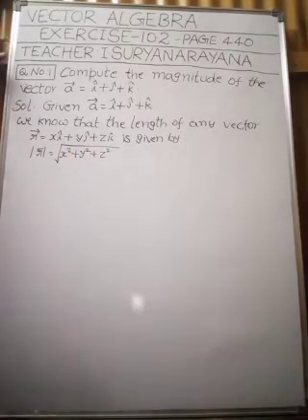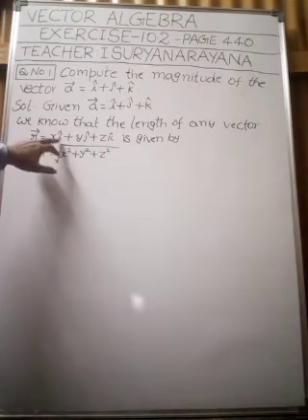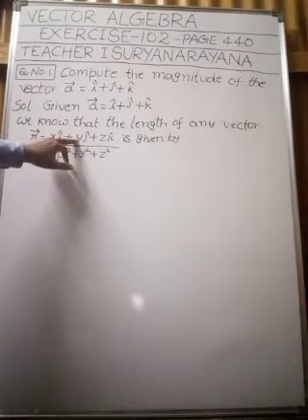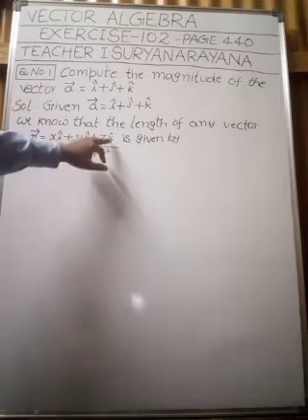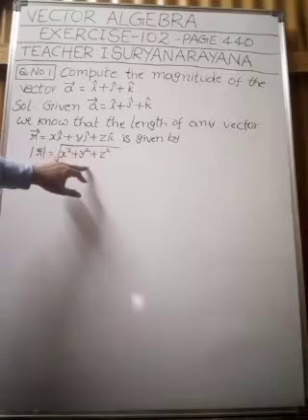Okay, my children, this means square root of coefficient of i cap whole square plus coefficient of j cap whole square plus coefficient of k cap whole square. Understood this point, my children? Have you observed this point?